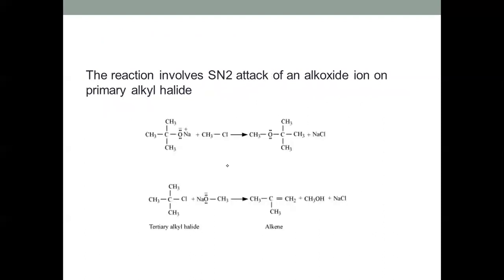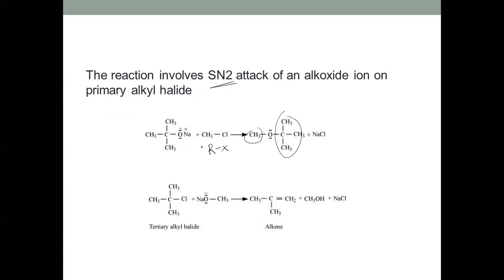Let's understand what is happening here. It's actually an SN2 attack, that is, a substitution nucleophilic bimolecular reaction, that takes place during the preparation of this ether. Here the alkyl halide we are taking is methyl chloride, and the alkoxide is sodium tertiary butoxide, a tertiary butyl group, resulting in the formation of tertiary butyl methyl ether.